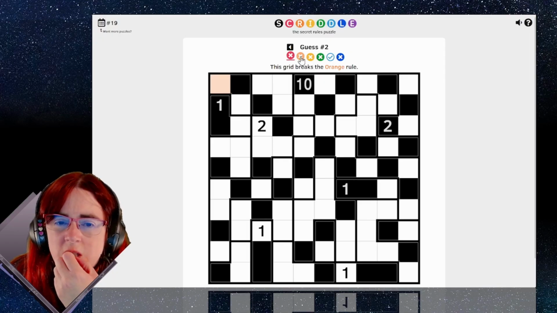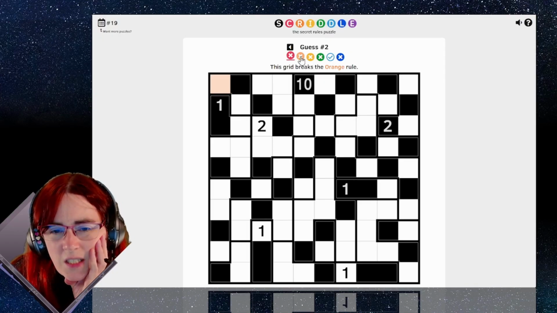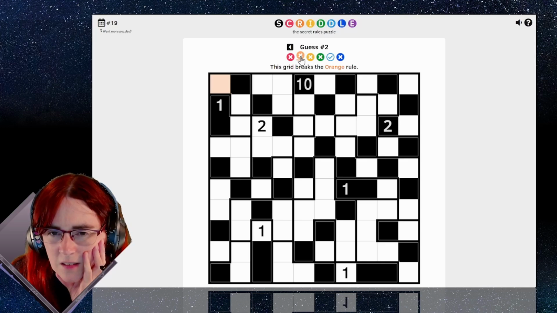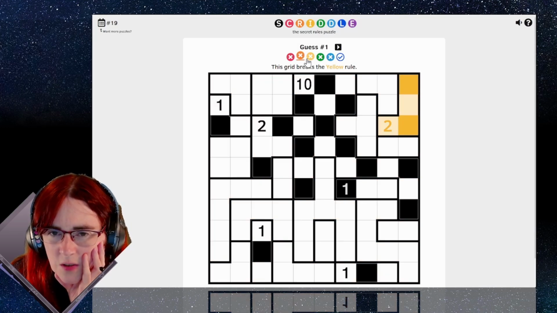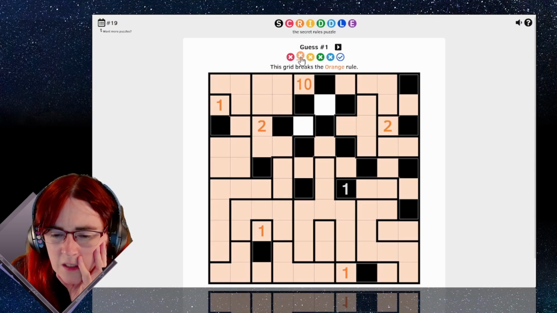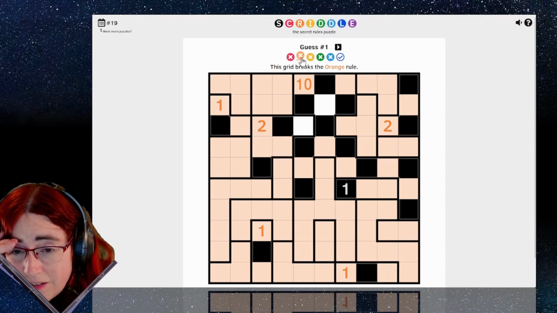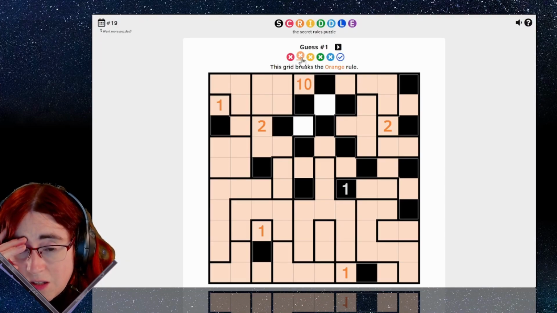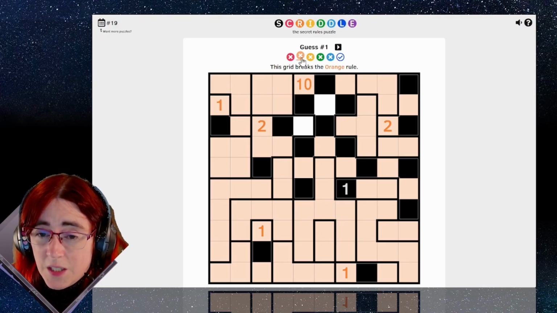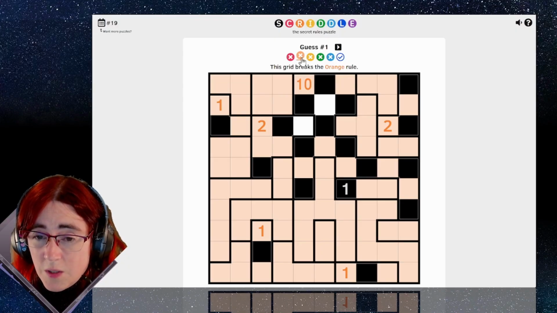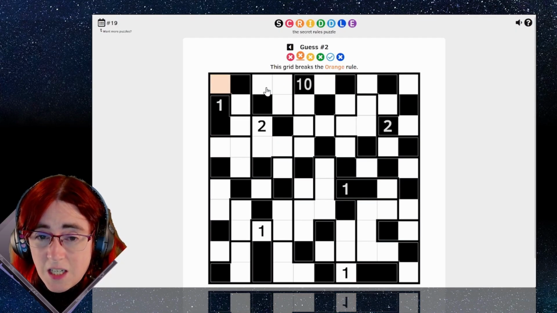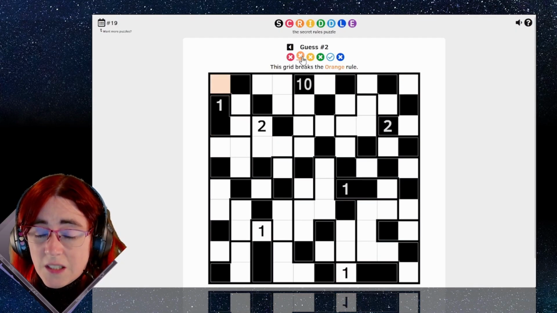So the orange rule is now broken. What was the first orange rule? Again, I feel like it gives us very confusing feedback at times. But maybe the orange rule is simply all of the white space needs to be connected, because this time it was completely the opposite.